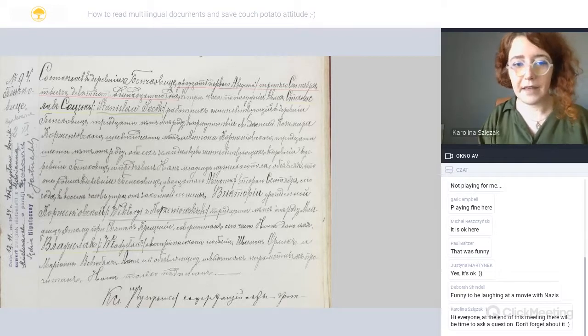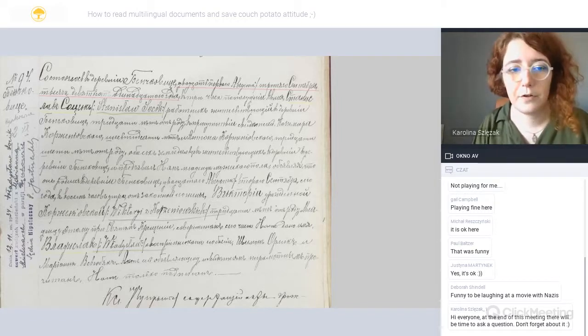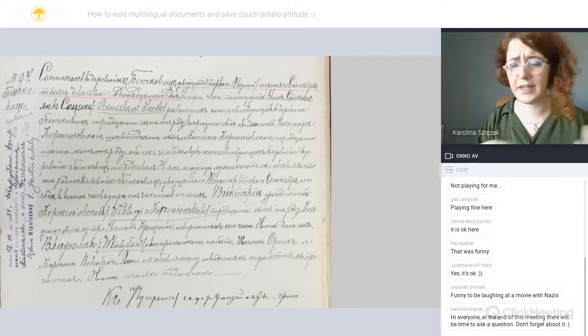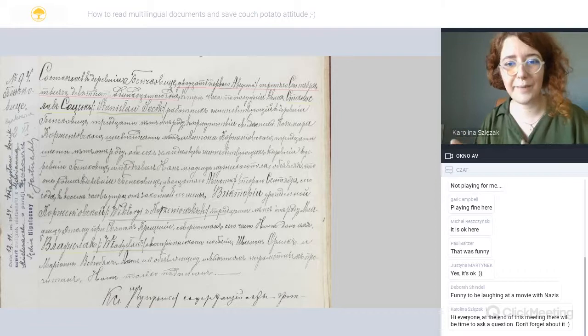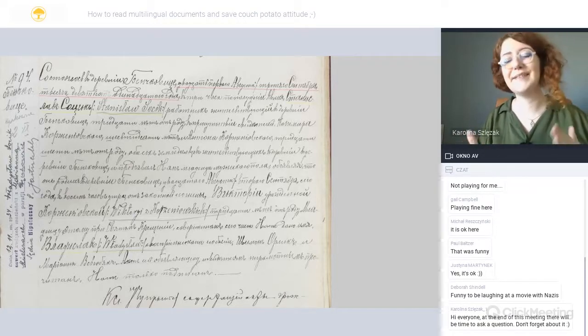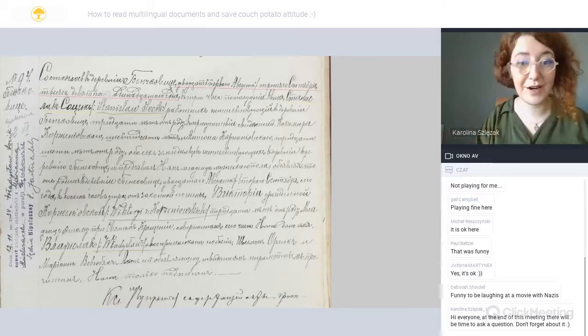And here, as I tried to highlight the information that such records include, we have recorded other webinars on what exactly the documents from various parts of Poland, from the Russian, Prussian, and Austrian parts of Poland, are telling us.